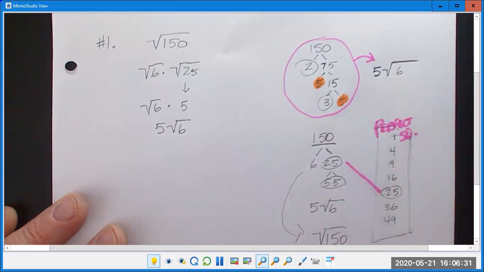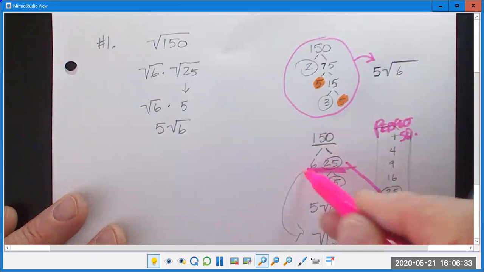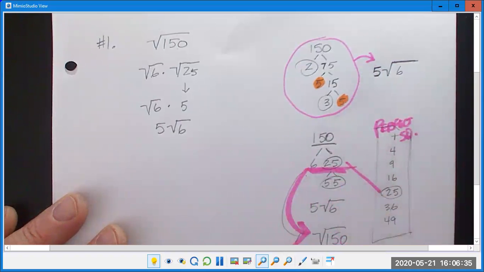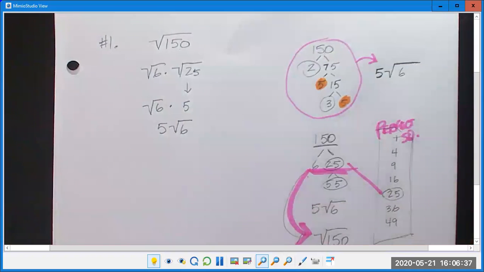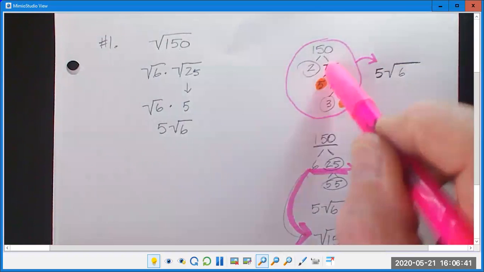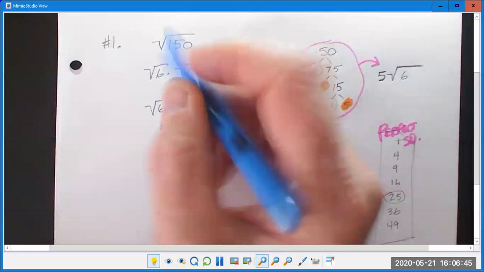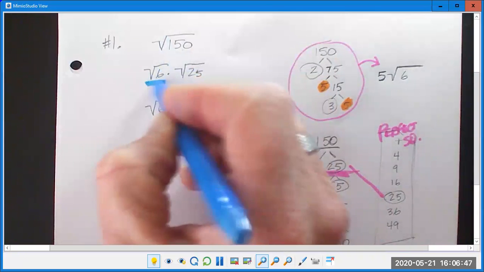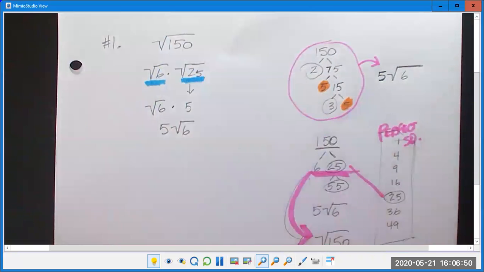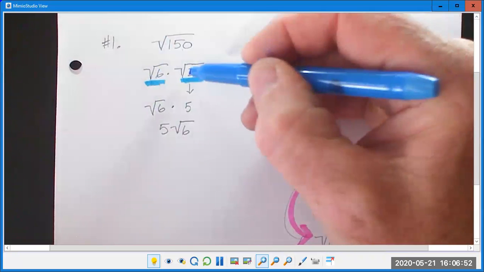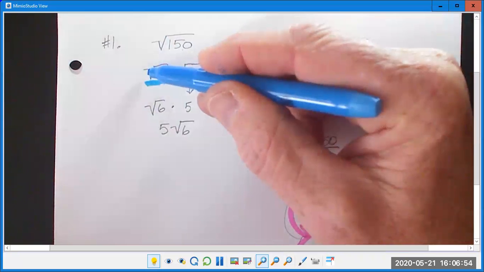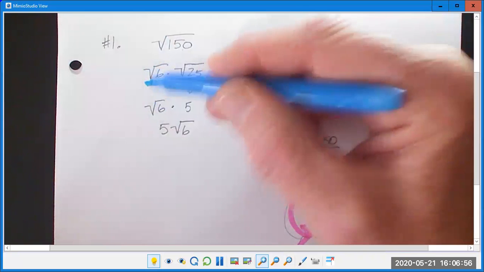All right, perfect squares, and I'm right here, and then it comes down to this. I can always think of the factors that I pull out when I'm doing a factor tree as they're underneath a radical, like this is. So we see that this radical 6 is not going to break down to anything else.